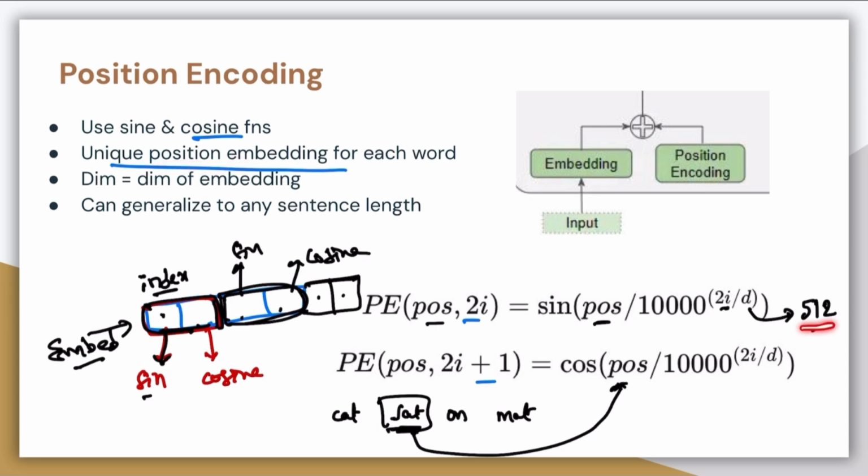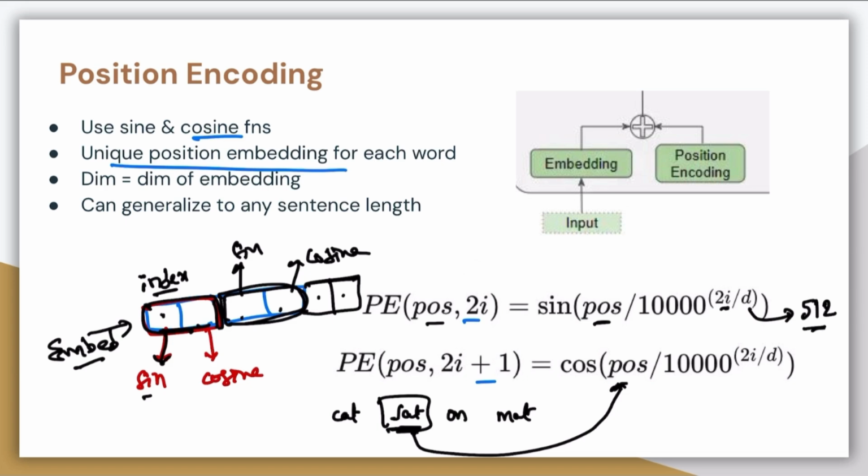But if you are using higher dimensional vectors like 512 or 256, then there is very little chance. It is almost never repetitive. Any two positions will never have the exact same pattern across the 512 dimensions. Even if they are very close to each other, at least in one point they might be different. That means out of this 512-dimensional vector, at least in one point they will be different.